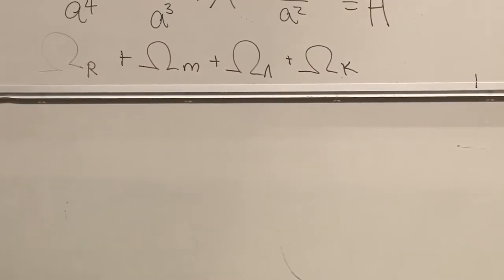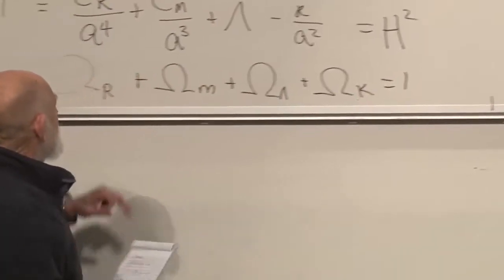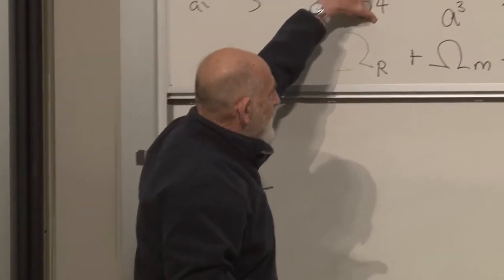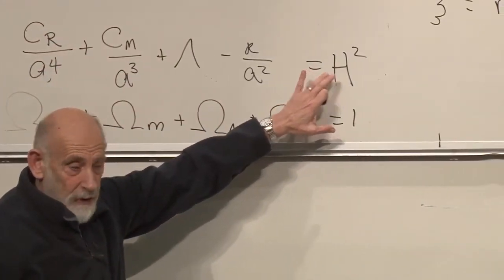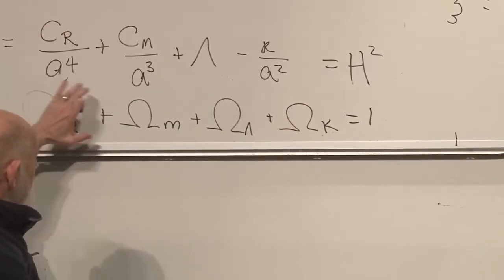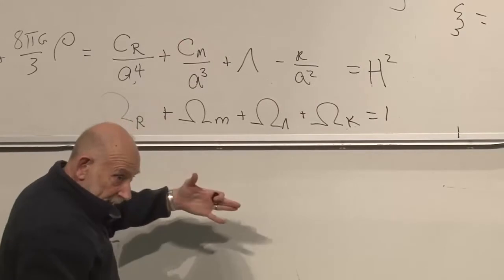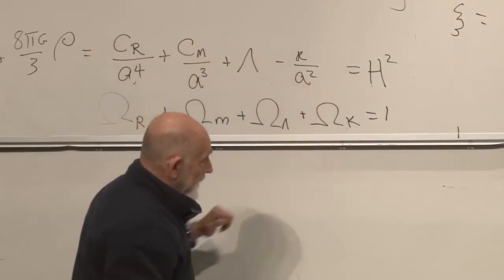And the rule is these must add up to 1 for the simple reason that their definition is just the magnitude of them today divided by H squared today. In other words, the omegas are the fraction of H squared today contained in each one of these terms.